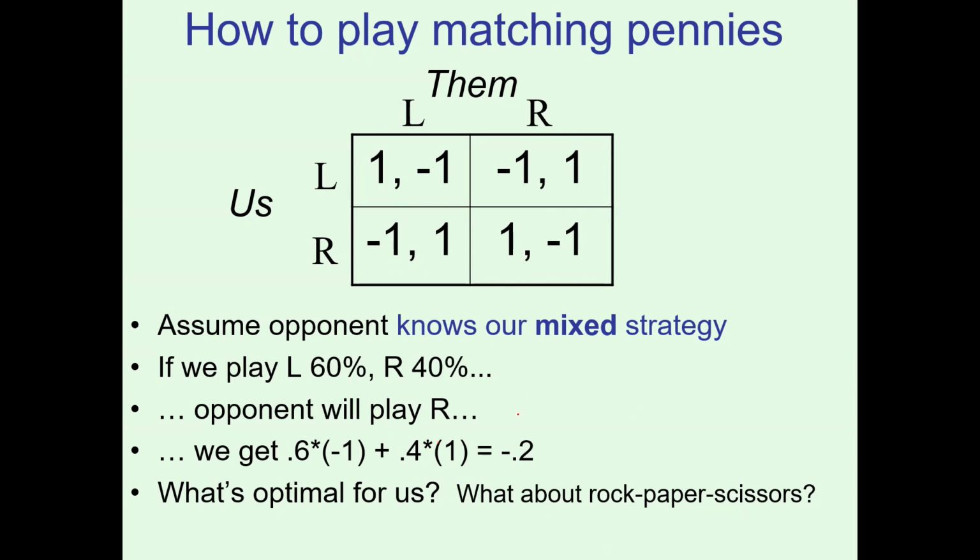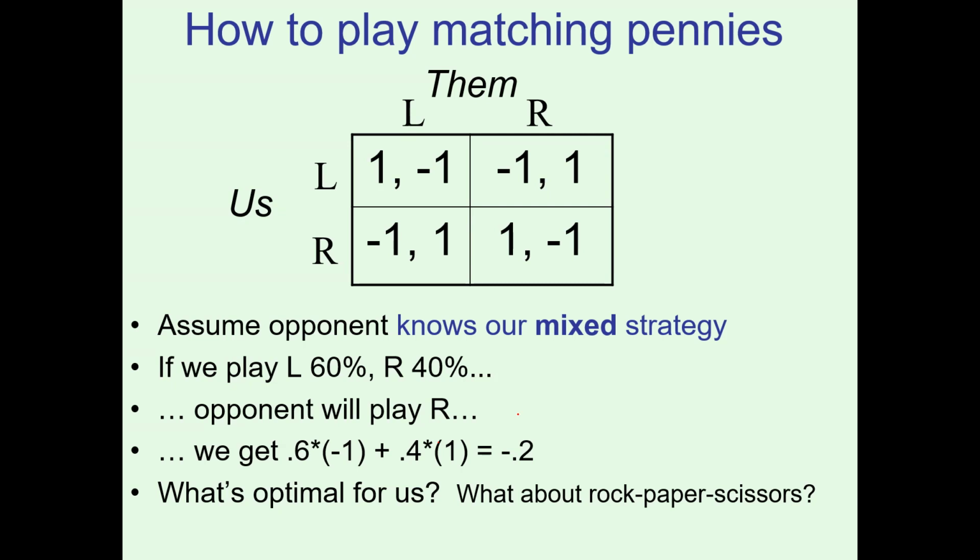That would be plus 0.2. Correct? So, if we play 60-40, of course our opponent will play R because their payoff will be higher compared to playing L.